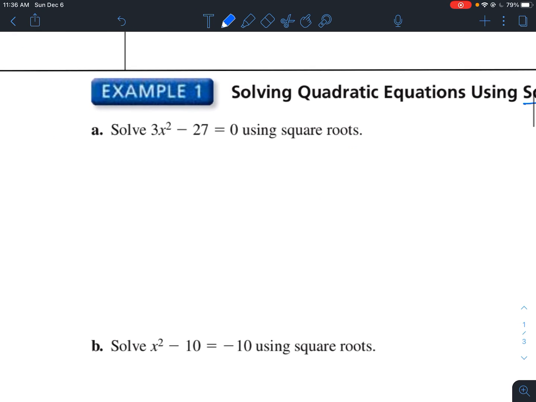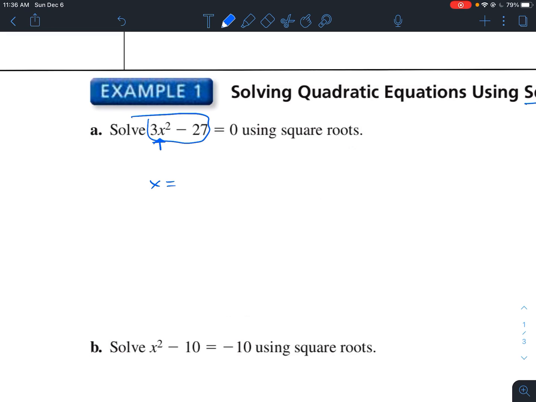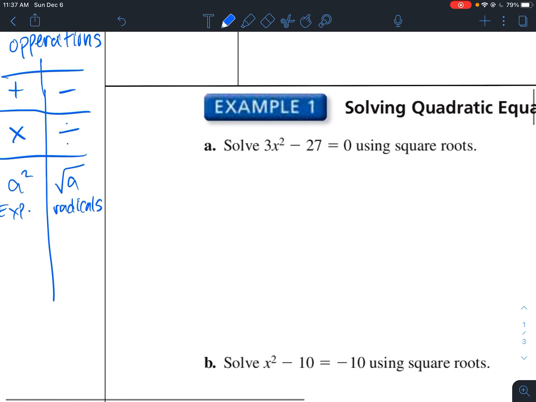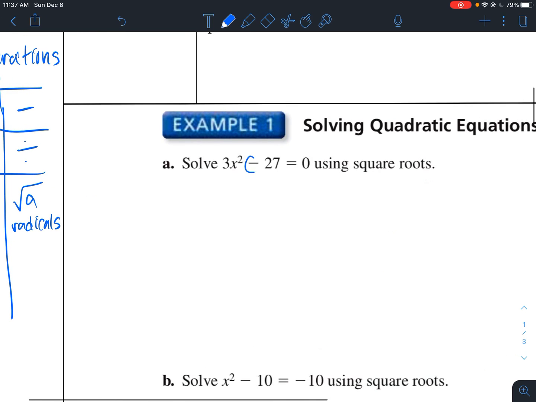So the goal for a is we want to get x all by itself. We want x to be all alone on one side of the equation. So you see how we have one side, the left side, and we have the right side. So what can we do to get x all by itself? Because we're subtracting this 27 on the left side, and I need to get this x all by itself, I'm going to add the 27 here, because whenever I add them, they will cancel out.